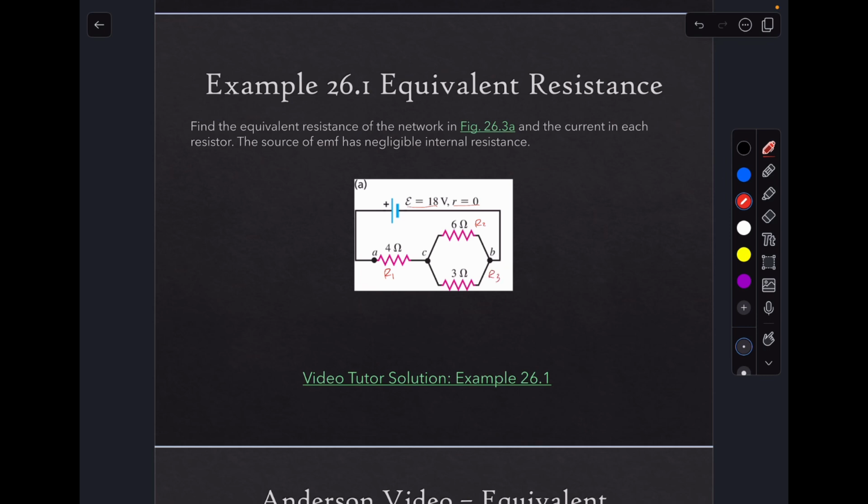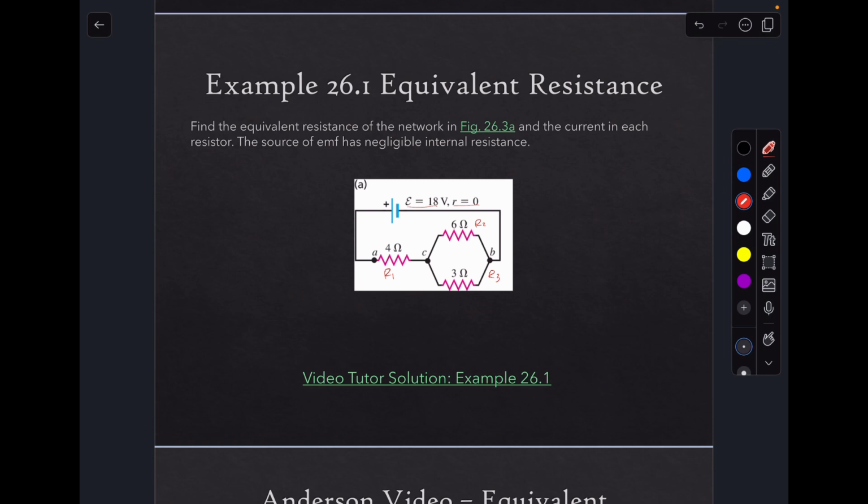The first thing you want to do when solving these circuits is find the equivalent resistance, and you want to draw each intermediary circuit. This is what I mean by that.